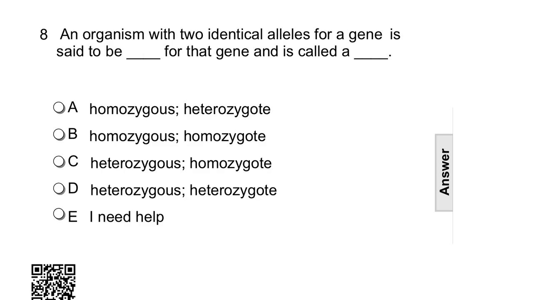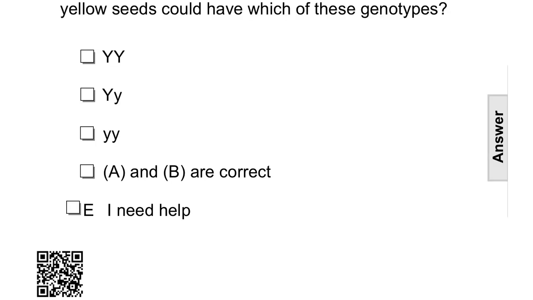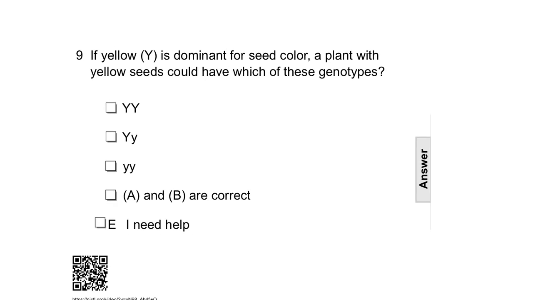So let's do some review questions. An organism with two identical alleles, that's homozygous. And then he would be called a homozygote. The homozygous genotype makes him a homozygote for that gene. This would be yellow.